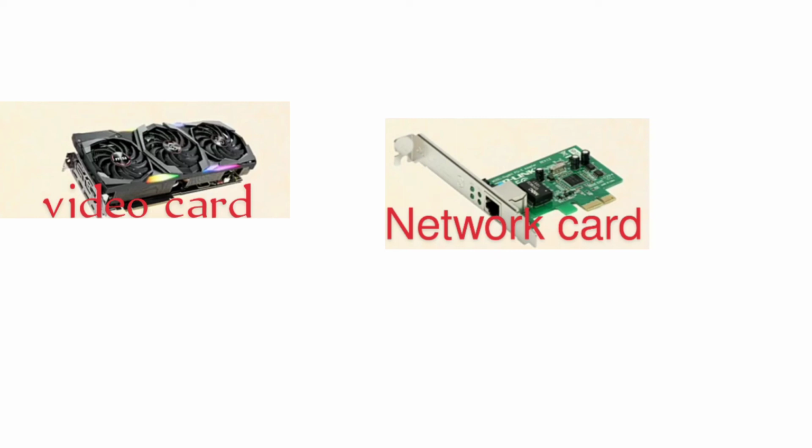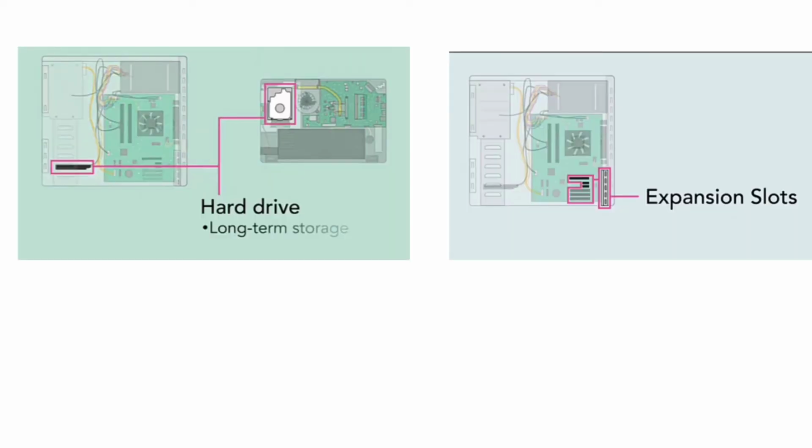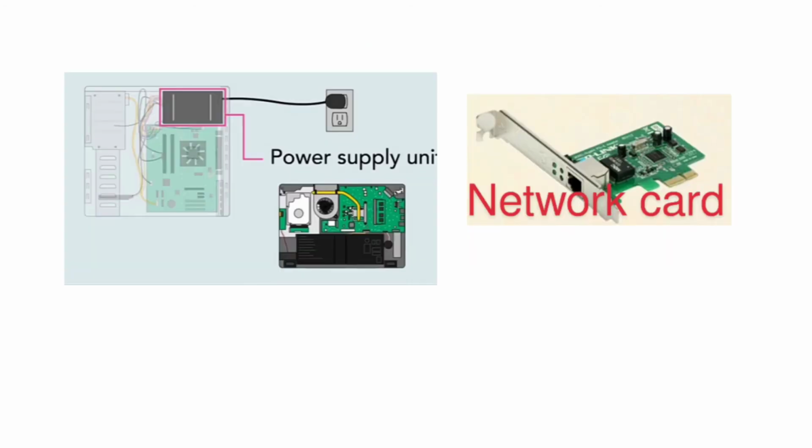We have a network card where we connect our network cable. We have a hard drive, expansion slots, and a power supply. When we connect our computer, the power enters this power supply, and the power supply provides electricity to the other parts of the computer.